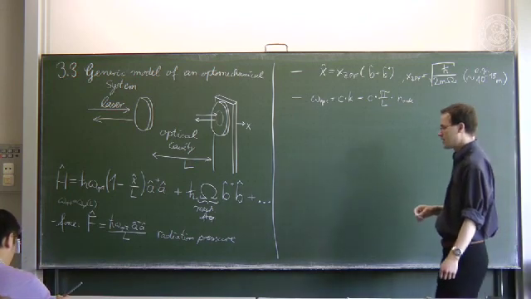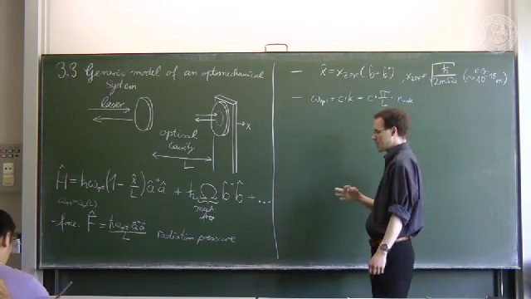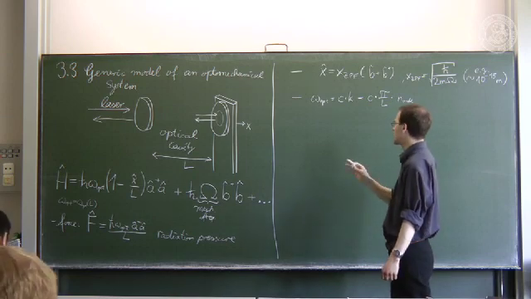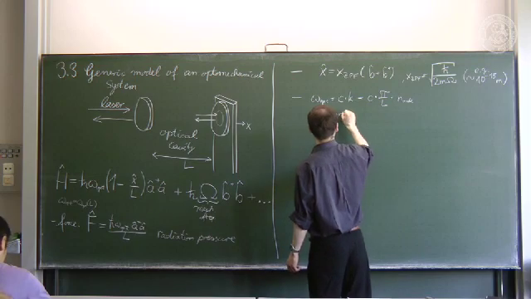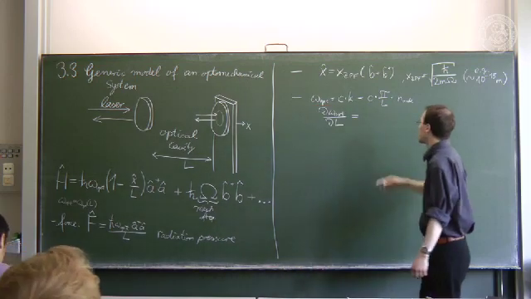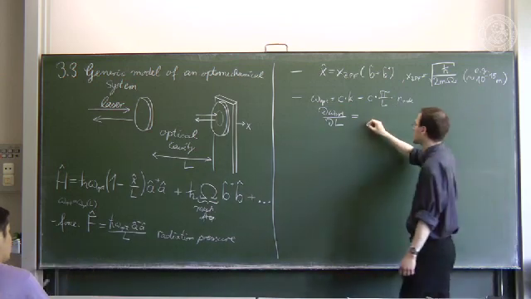And so in particular this means, if I just want to find what is the change in optical frequency for a given change in length, then the derivative of 1 over L gives minus 1 over L squared.